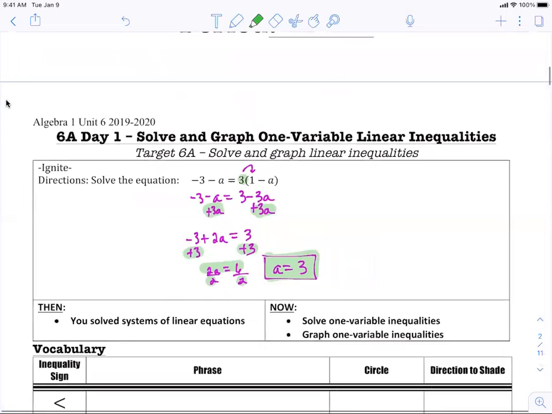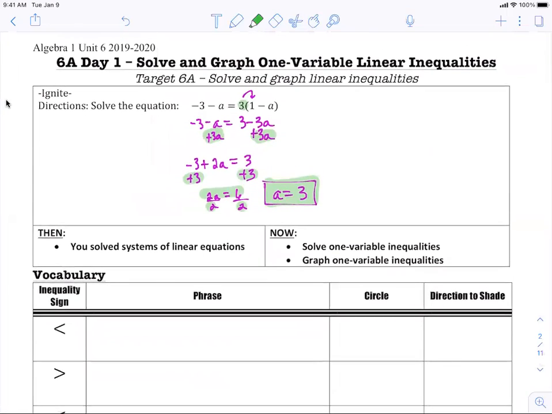Now, when it comes to solving, what we're going to do today is an extension of this. But the key is that because there's an equal sign, this solution right here is the only solution that will make that equation true. If you try plugging in a equals 4, it doesn't work.